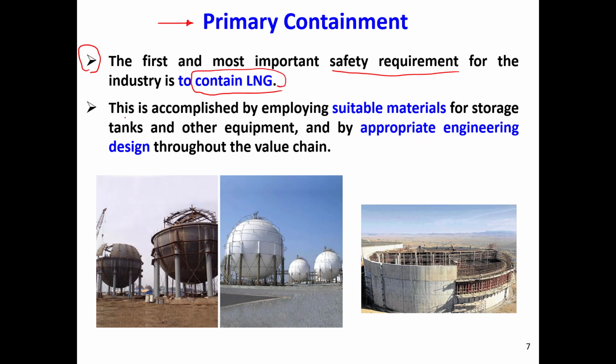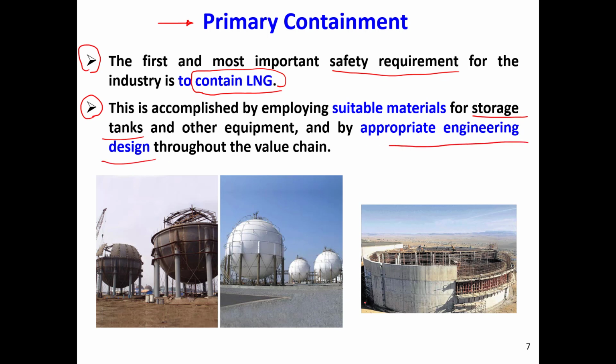It means we have to store LNG in suitable materials. We have a very strong, well designed and constructed storage tank, made of suitable material, that we can use to handle, keep, store, and transport LNG. This can be done by appropriate engineering design.